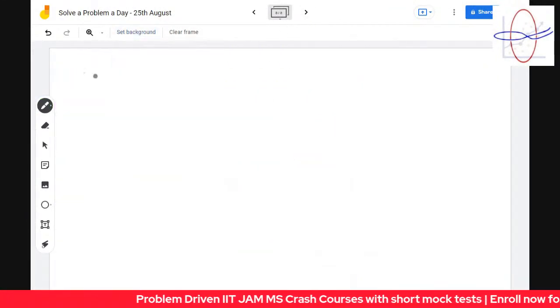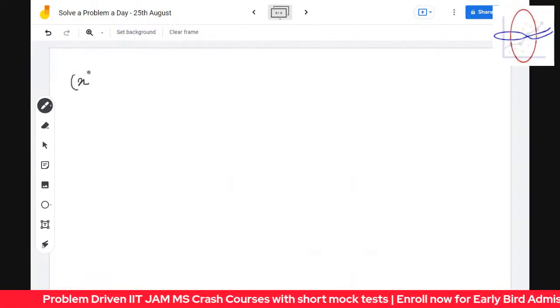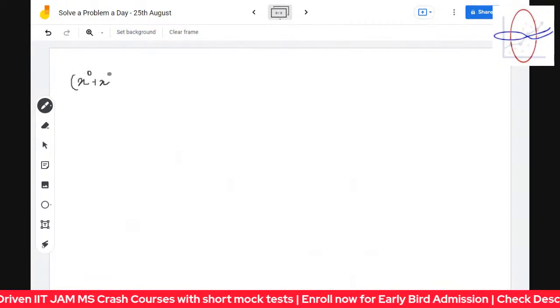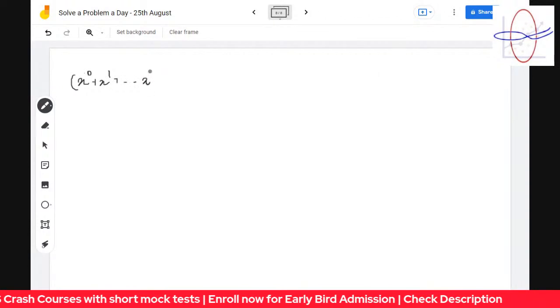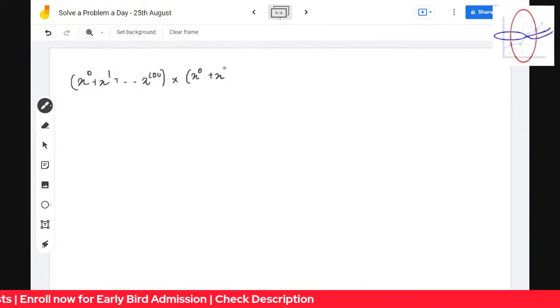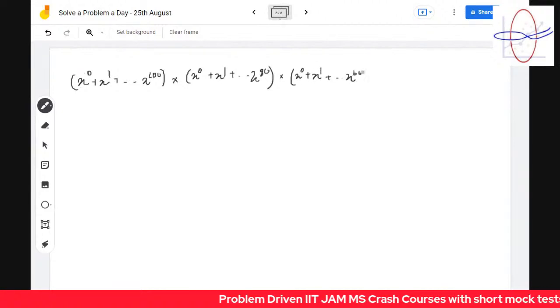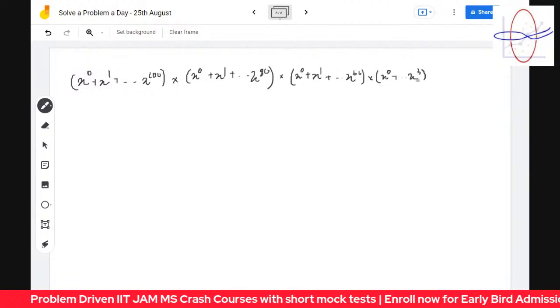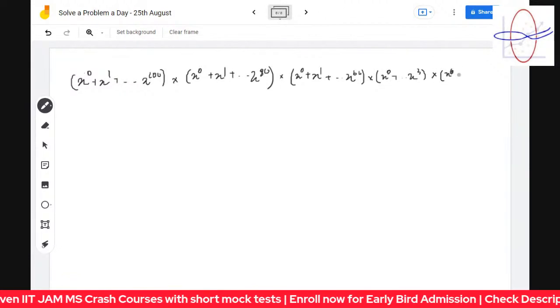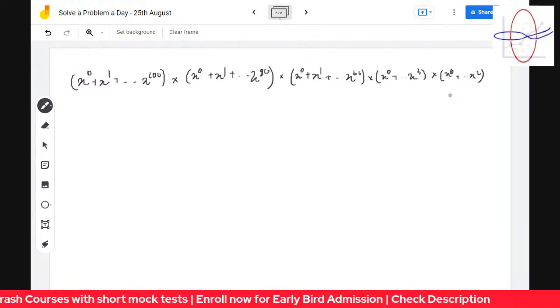So you're multiplying x to the power 0 plus x to the power 1 dot x to the power 100 times x to the power 0 plus x to the power 1 dot x to the power 80 times x to the power 0 plus x to the power 1 plus dot x to the power 60 times x to the power 0 plus dot x to the power 3 square times x to the power 1 plus x to the power.